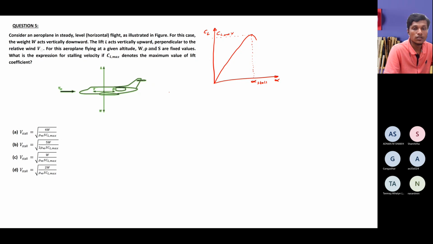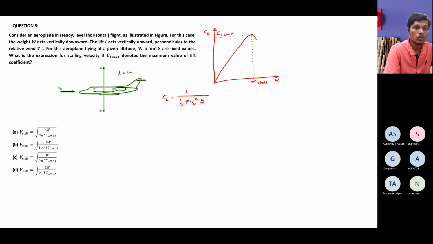Now let us consider the actual equation of the CL. CL equals L by half rho V infinity square S. If you recall the equation of the CL from our previous introduction content, CL equals L by half rho V infinity square times S. Now in this steady level flight, what is your L?